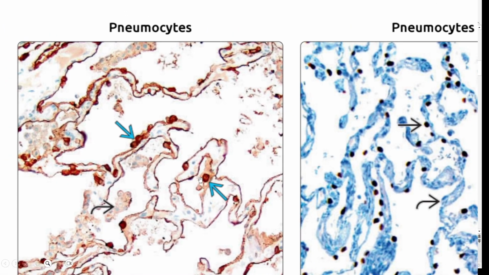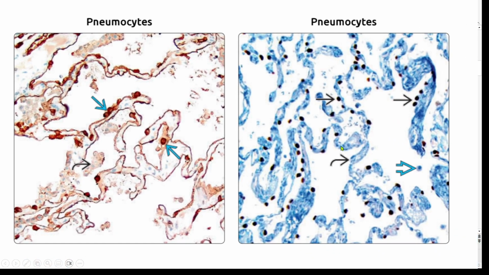This probably is a surfactant cell, which is the type 2 pneumocyte instead of the type 1 pneumocyte here. Type 2 pneumocytes put out the surfactant to keep the patency of the alveolus. This here is a macrophage, that's why it's not staining, and there are the endothelial cells that are not staining as well, and of course the red blood cells.